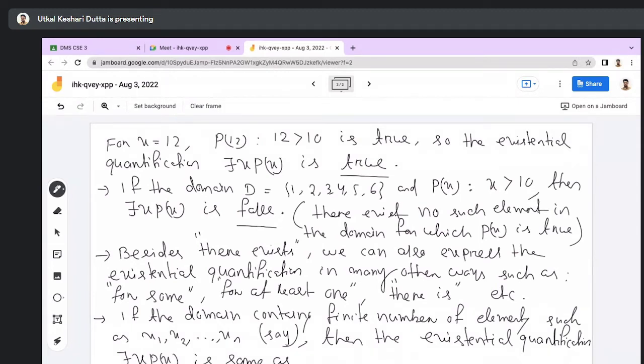See, there exists x, x may be x1, x2 up to xn. In the universal case it will be true for all x, but here it will be true if at least one. At least one, that means which connective? Disjunction. Yeah, that will be disjunction.